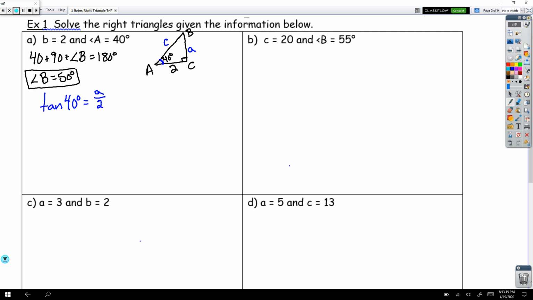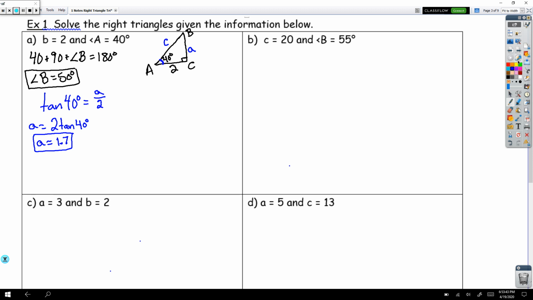So to solve for A, I'm going to multiply the 2 over. So side A is going to be 2 times the tangent of 40 degrees. And punching that into the calculator, we would get A equaling 1.7. Now, when you're using your calculator, make sure that you are in degree mode. Otherwise, it'll give you a very different answer.